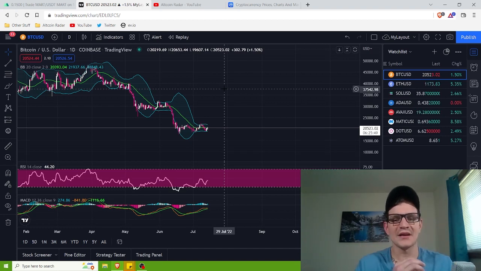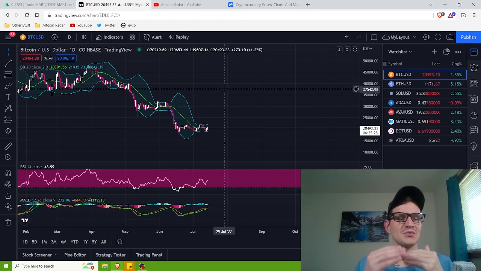In essence, though, honestly, you guys, the Bollinger Bands typically inform us of whether the market is moving fast or slow. And as I mentioned earlier, the bands shrink when the market is moving slow and enlarge when the market is moving fast. So it's a very simple and easy indicator to use. Overall here, though, you guys, the bands serve as dynamic levels of support and resistance in most situations.